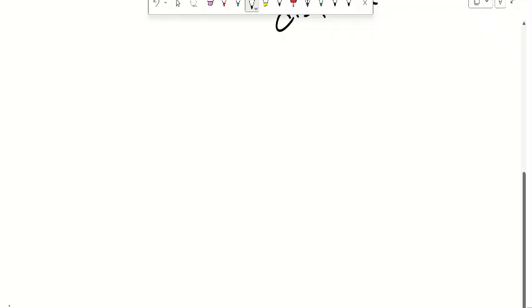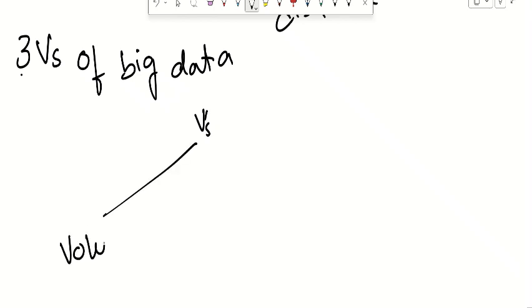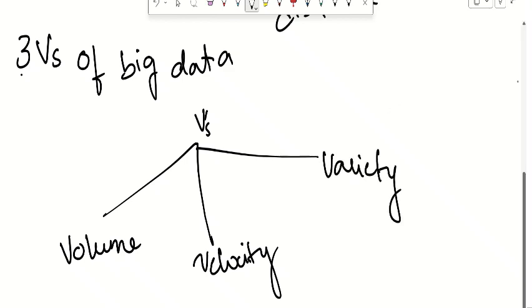And next is the three V's of big data, which are volume, velocity, and variety. What is volume?